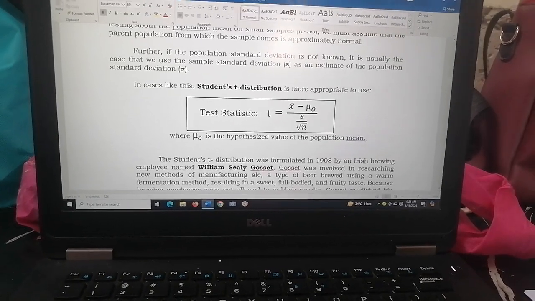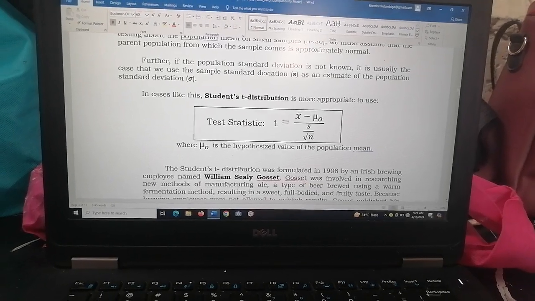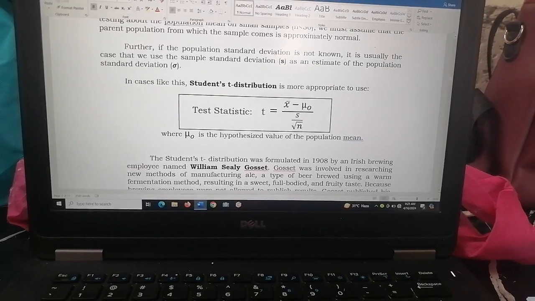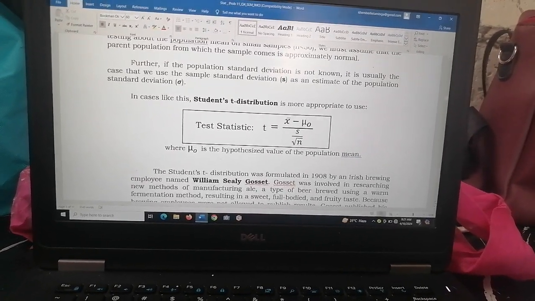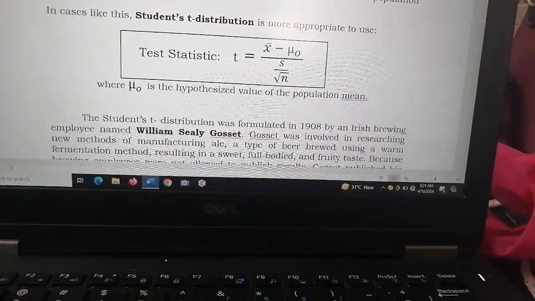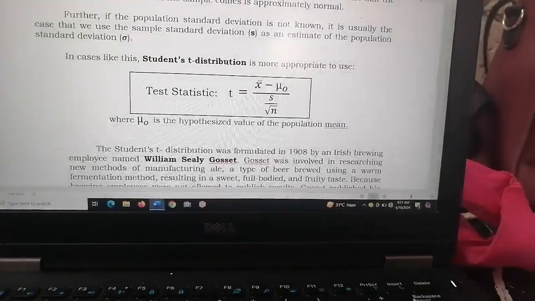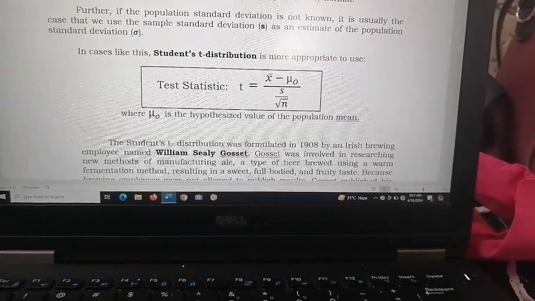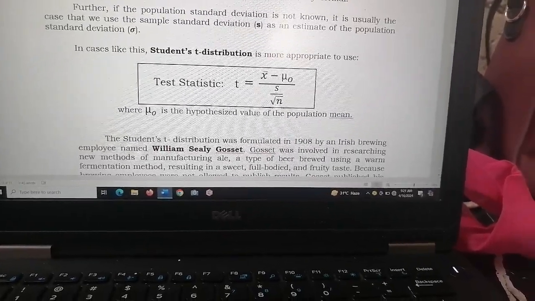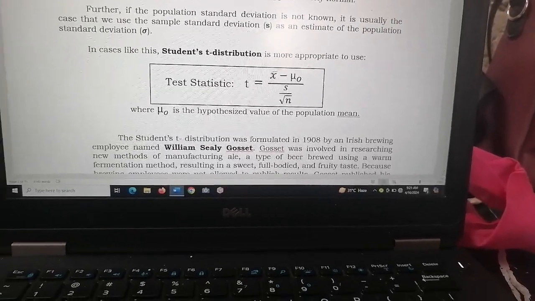In cases like this, the student's t-distribution is more appropriate to use. So instead of the Z-test, we use the student's t-distribution. The formula is t equals x, the sample mean, minus mu, the population mean, divided by S, the sample standard deviation, divided by the square root of n, the square root of our sample size.